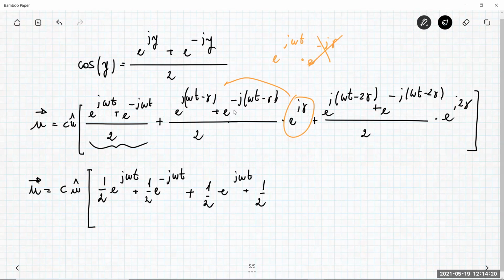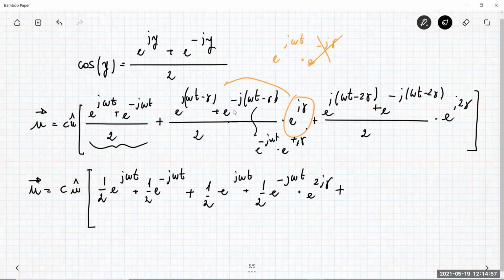Now you have the exponential negative j omega t multiplied by e^j gamma. Here you have e^minus j omega t multiplied by plus j gamma. So when you multiply by the exponential, you get the exponential elevated to 2j gamma.